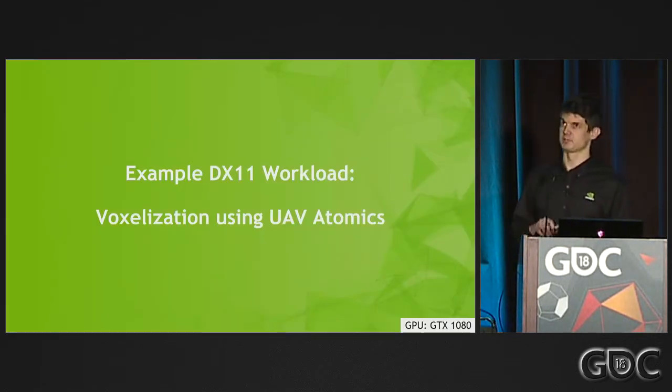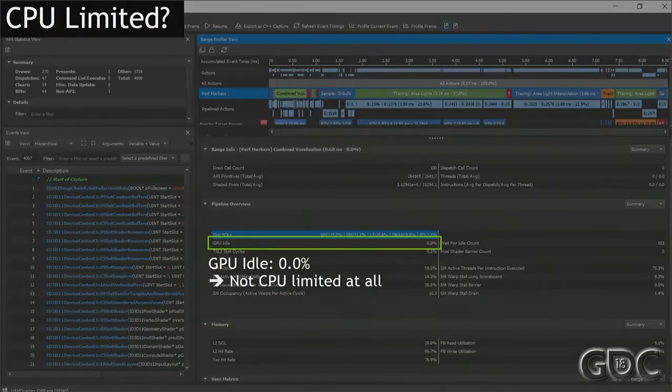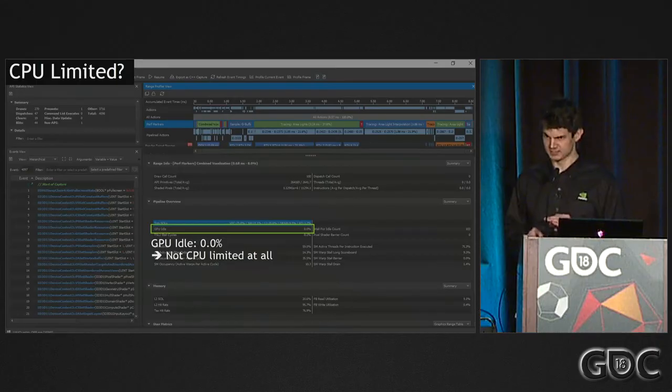Now, I want to show you examples of how to use this general method on different kinds of workloads. The first workload is voxelization on DX11 using UAV atomics in the pixel shader. We can start with the sanity check: is this workload CPU limited at all? There's a very easy way to know that.